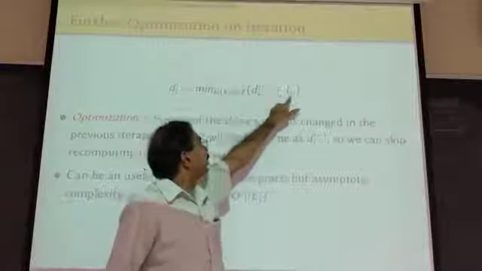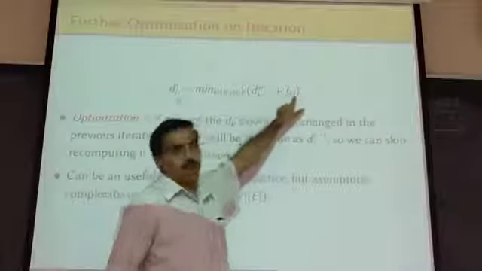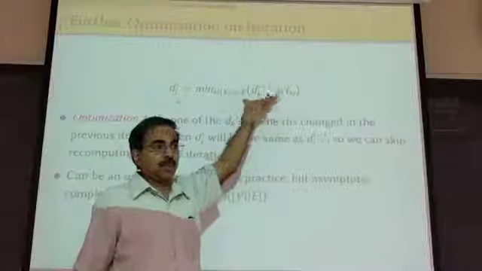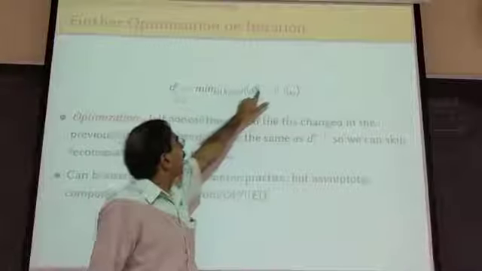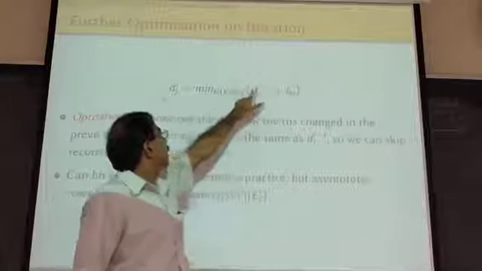So to get to j, we have to get to some k, and then in one edge go from k to j. This is the familiar equation we've been working with from the beginning, and on the right hand side we are using the I minus 1th approximation in order to compute the ith approximation.